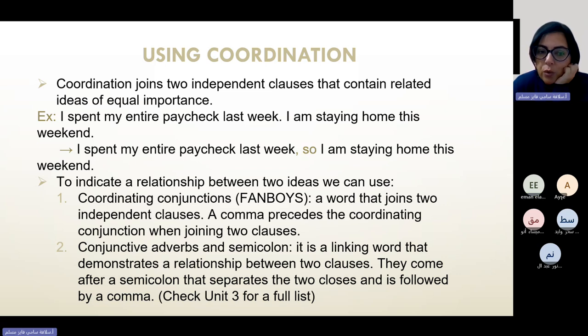Conjunctive adverbs and semicolon: a conjunctive adverb is a linking word that demonstrates a relationship between two clauses. They come after a semicolon that separates two clauses, and are followed by a comma. Okay? You can check Unit 3 for a full list of conjunctive adverbs. We already talked about them before.